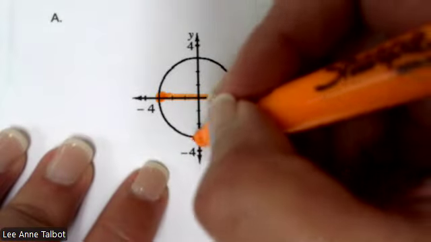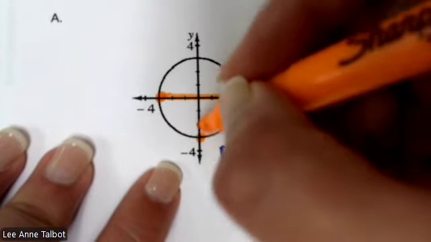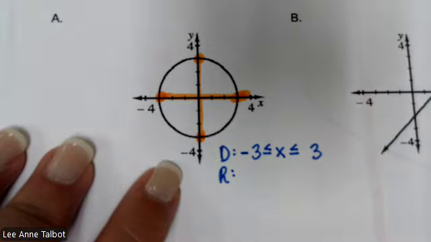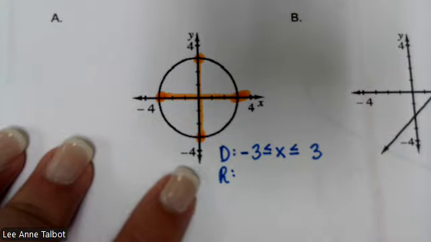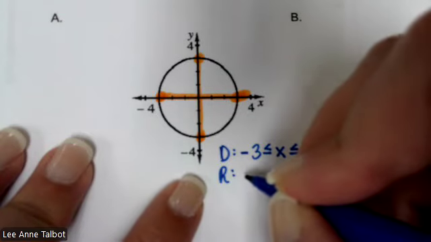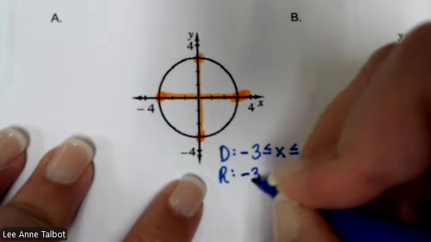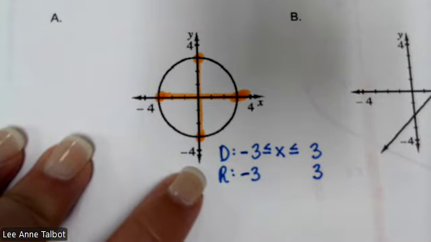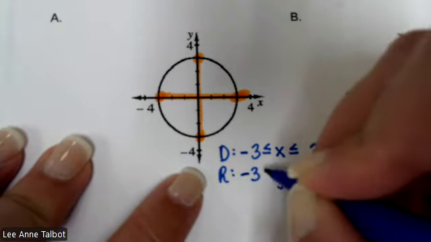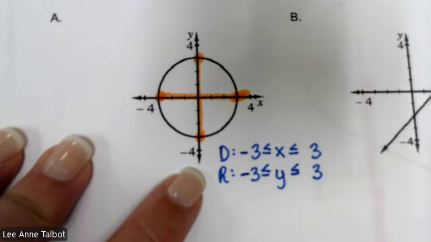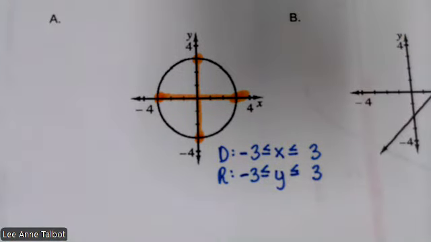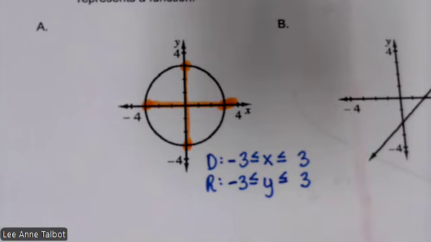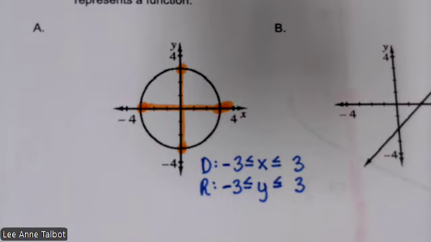Okay, range. Here's the bottom of the circle, top of the circle. It's also -3 to 3, right? But what's different about the range? Yes, y in the middle. Great job. Okay, we're going to skip B for the moment. B is too spicy for where we're at right now.